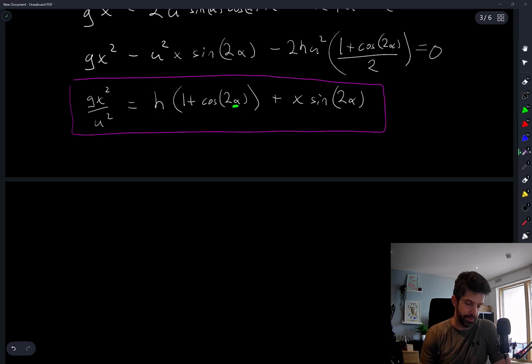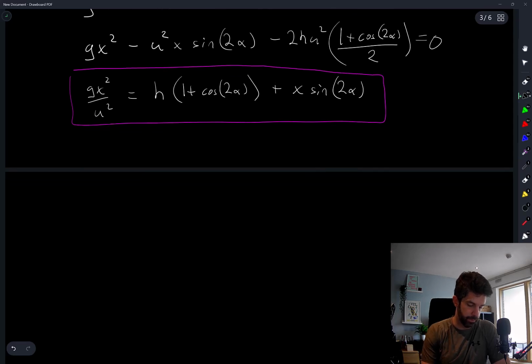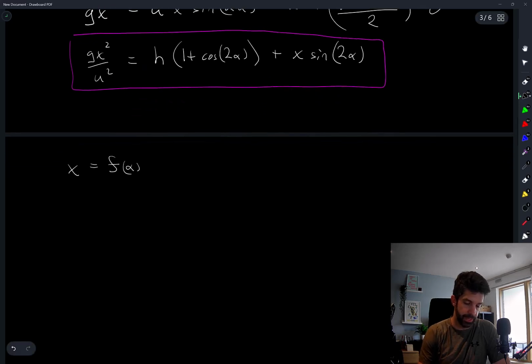I'm going to think of alpha as being a variable we control, and x as being a function of alpha through this relation. So I'm thinking of x as being a function of alpha, and what I want to do is take a derivative of f with respect to alpha. And we're going to use this relation to do that using implicit differentiation.